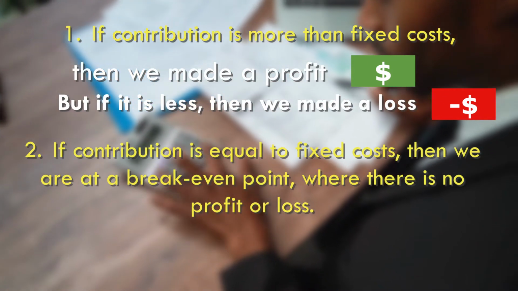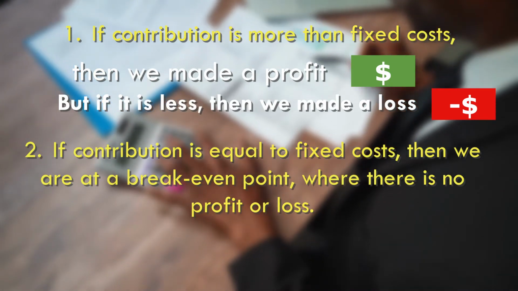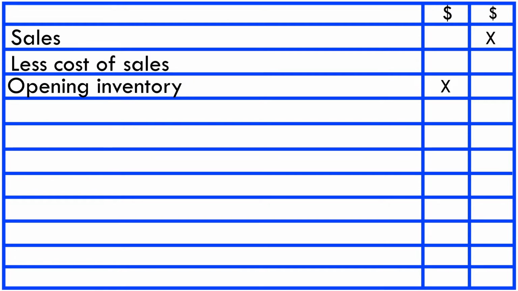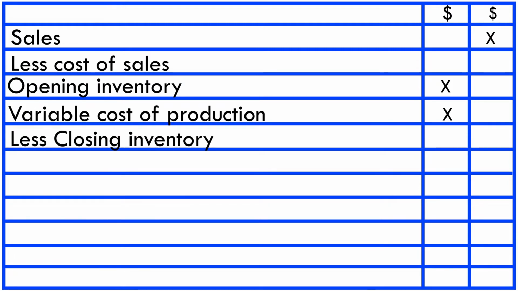So how do we calculate profit using marginal costing system? Here we have to take the gross contribution and we less fixed costs to give us the profit. Marginal income statement will look like this. So you have the sales, you less cost of sales, which is opening inventory plus variable cost of production, less closing inventory.